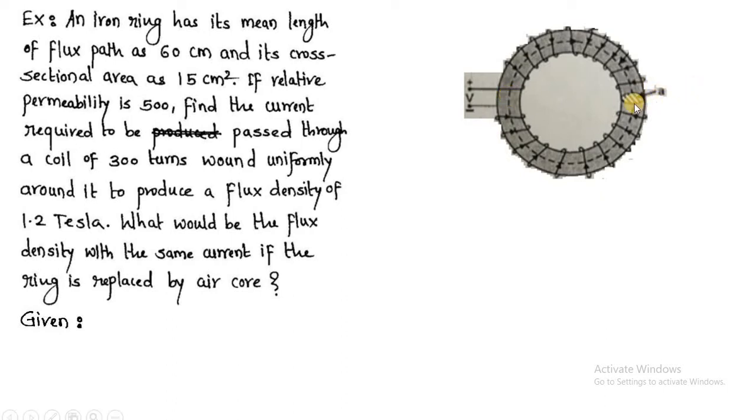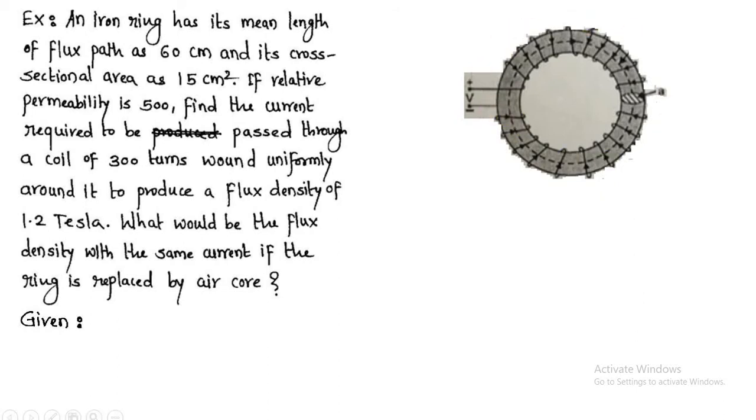The cross section area of the ring is 15 centimeter square, and the mean length, meaning the mean circumference, not diameter, circumference, of the center line shown in the figure, the dotted line representing the mean circumference, which we call the mean length of flux path, is 60 centimeter.